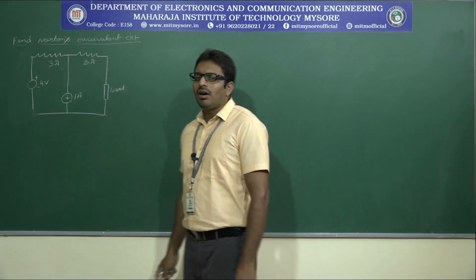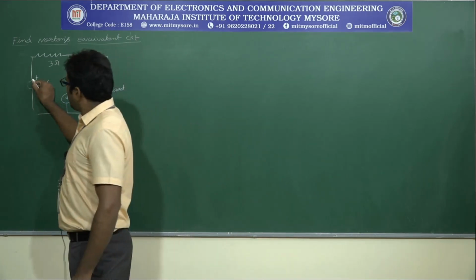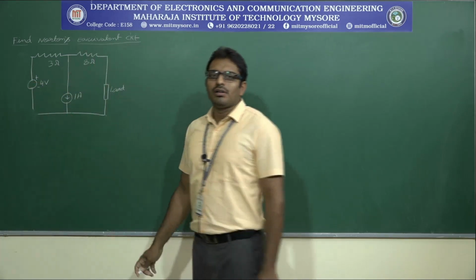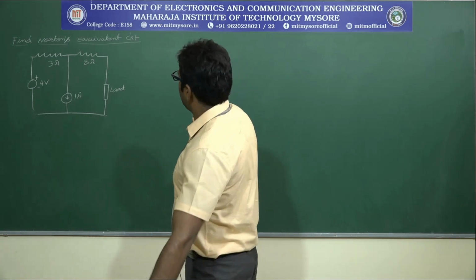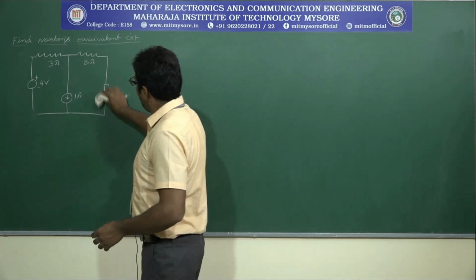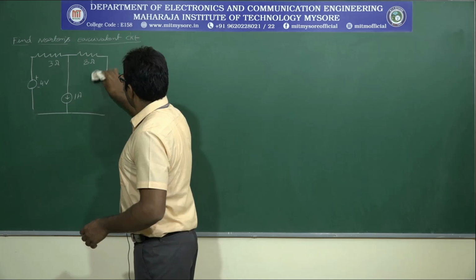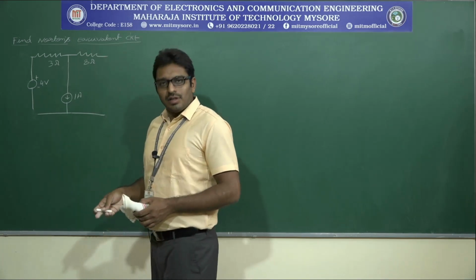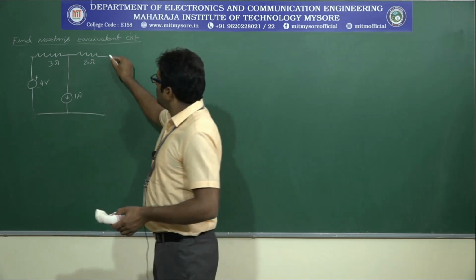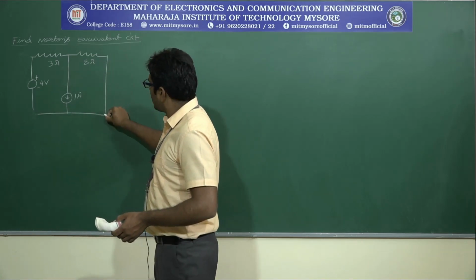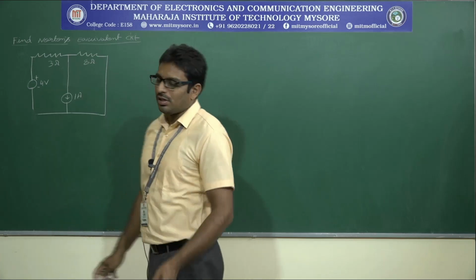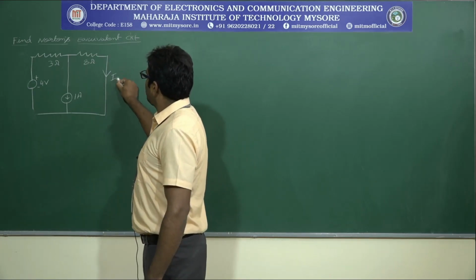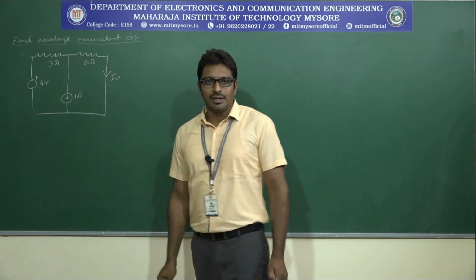Okay. Next, for Thevenin's theorem or Norton's theorem, what is the first step in order to find out the Thevenin's voltage or Norton's current? Yes, first step is remove the load. Is it clear? So in order to find out Norton's current, I mean I naught, just make short circuit. Load terminals are shorted and just find out the current through this short circuit path, known as I naught.